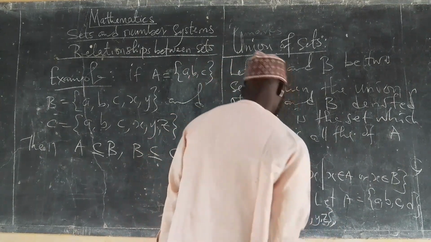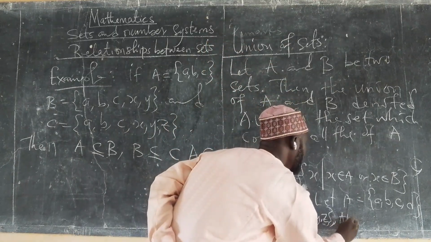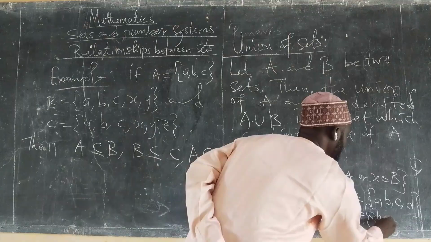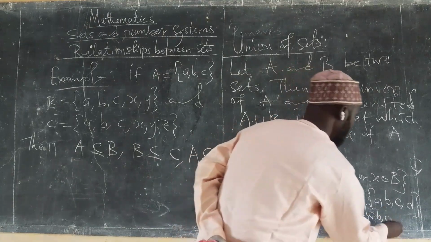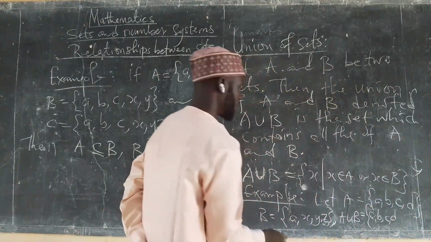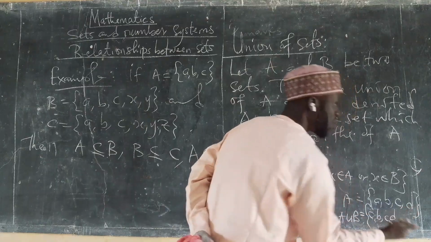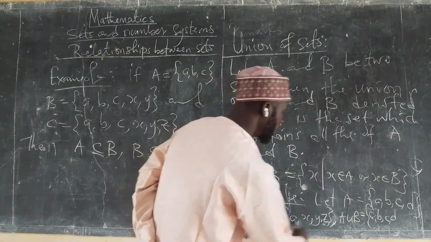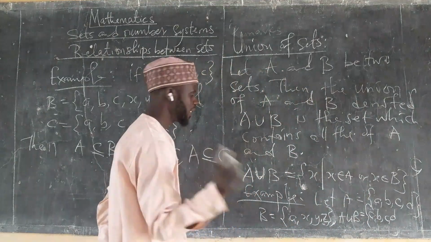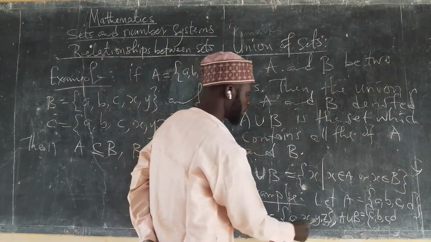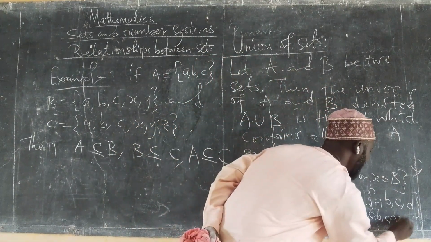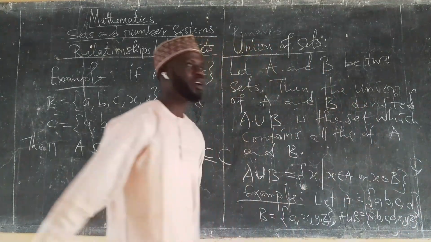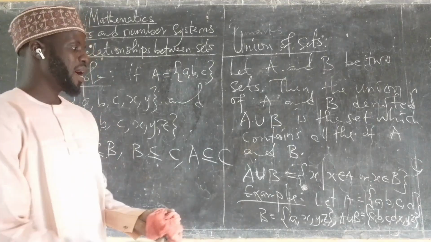So A union B will be equal to {A, B, C, D}. We have collected the elements of A. Let's collect the elements of B. A is already written here, so we don't repeat. So this is X, Y, Z. So we add X, Y, and then Z. So this is the union of the two sets, A and B.